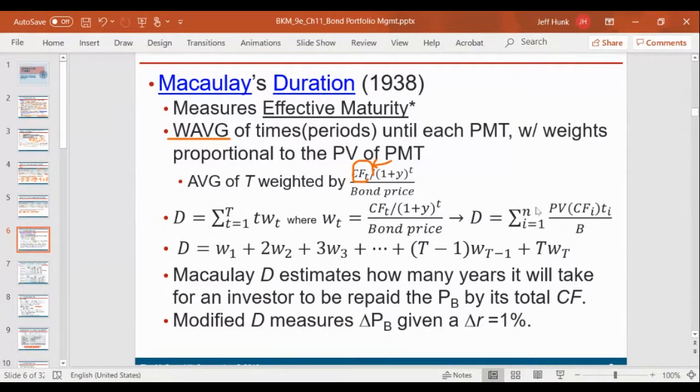So it has to be the proportion of the present value of each coupon payment out of the whole bond price. In other words, the earlier the coupon, it weighs in more, because the next coupon payment will discount it only once, and the one after next will be discounted twice. I mean, the farther away the coupon is, it will be discounted more. So the earlier coupons will weigh in more in the calculation of the weighted average, right?